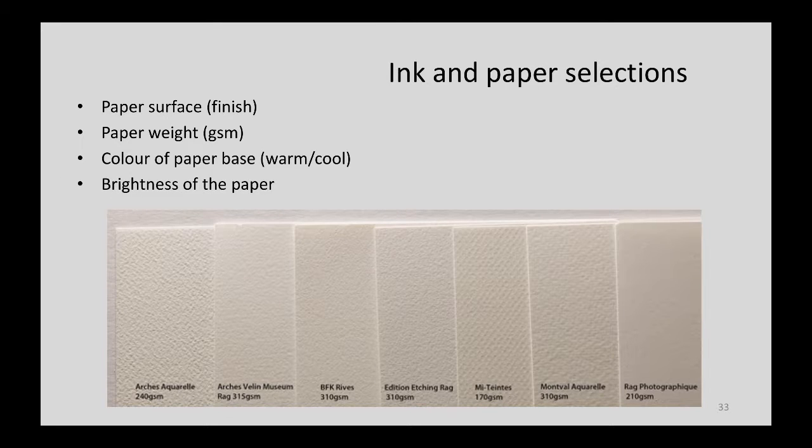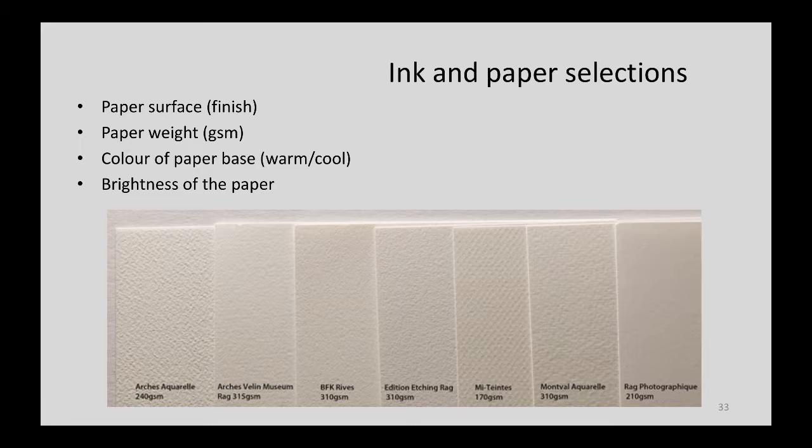Which leads me to the next topic: selecting ink and paper. So when thinking about print mediums, the type of surface finish that's available for paper, from gloss to matte, the weight of the paper, the colour of the paper base, are all variants you should consider.